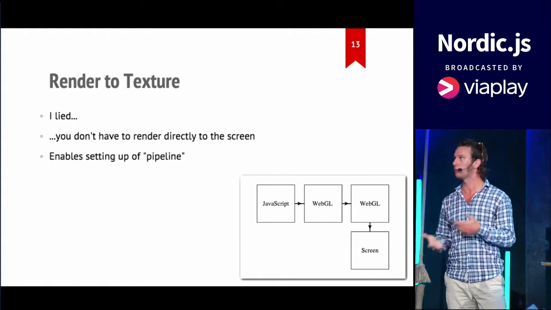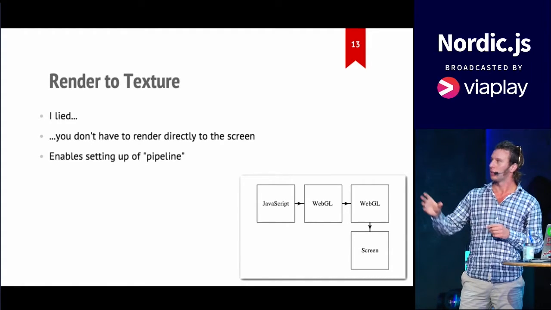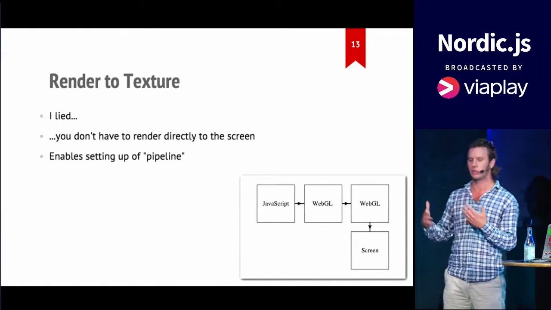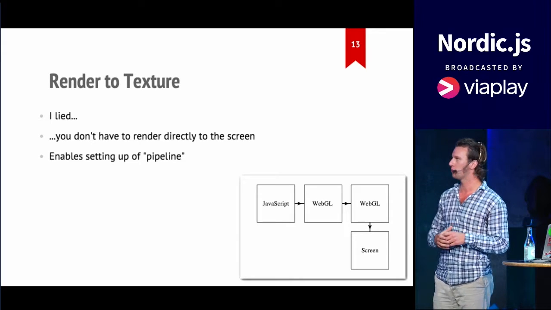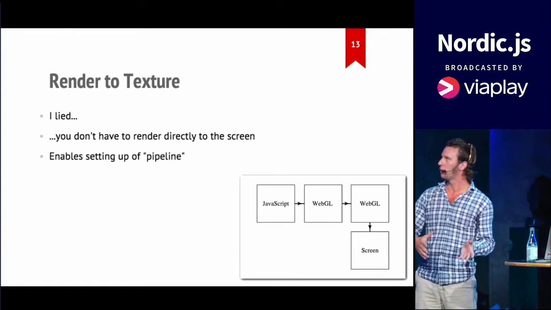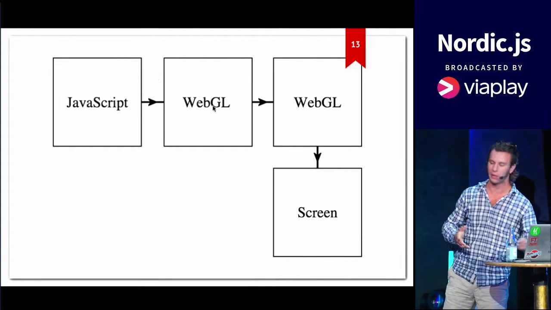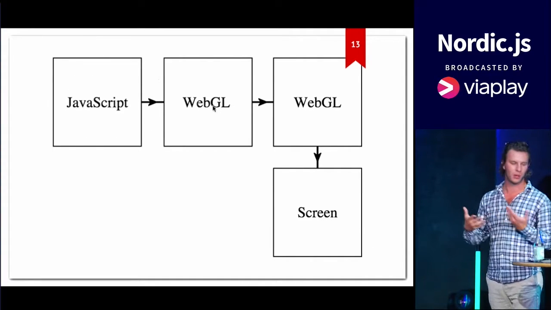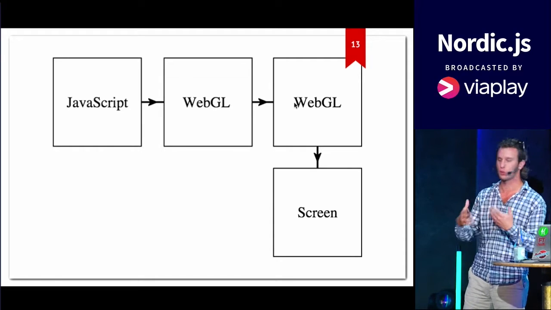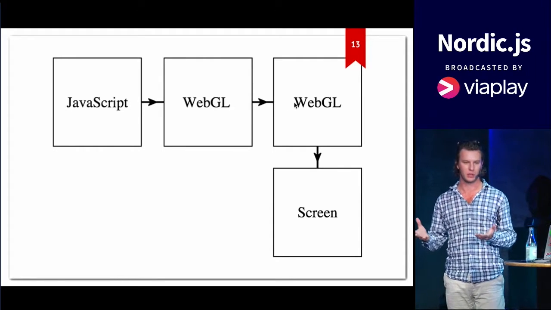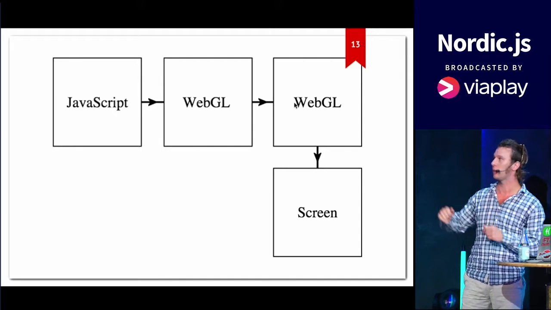It would be a bit stupid, but you could do it. So with this kind of pipeline, you can do some interesting things. For example, if you had a game, then you'd have your game engine in JavaScript. You'd render your 3D scene in the second chunk of this, in this WebGL here. And then you could draw on, I don't know, some kind of score on top of that with this kind of WebGL. So you can composite your different layers in that way.